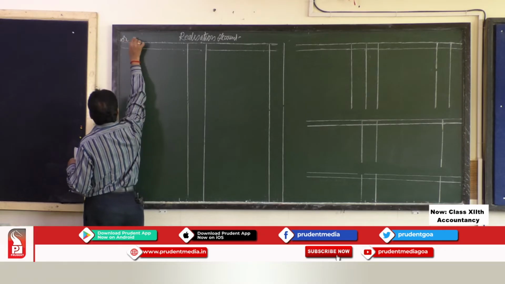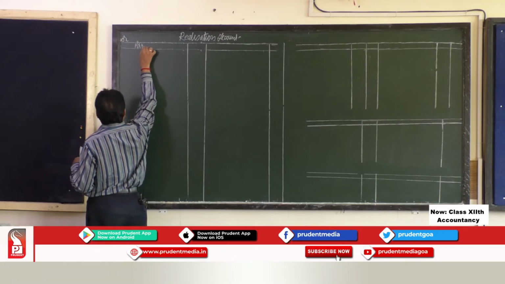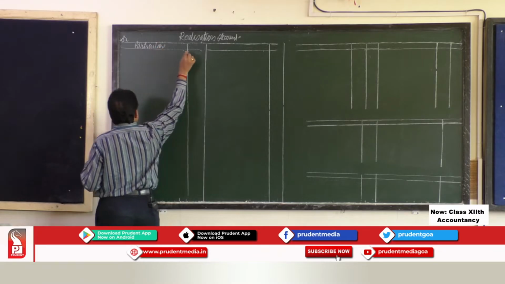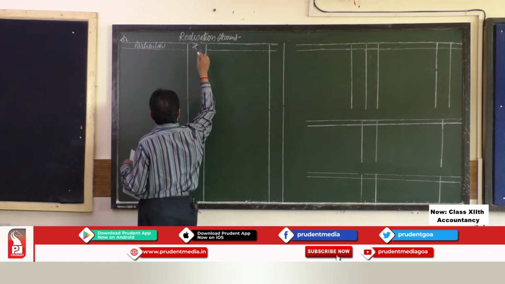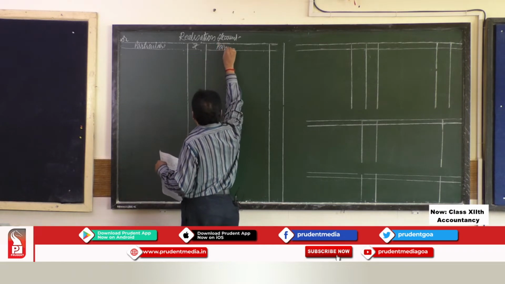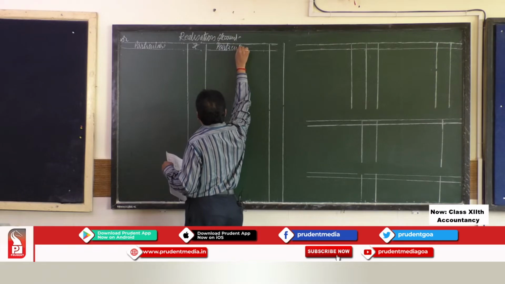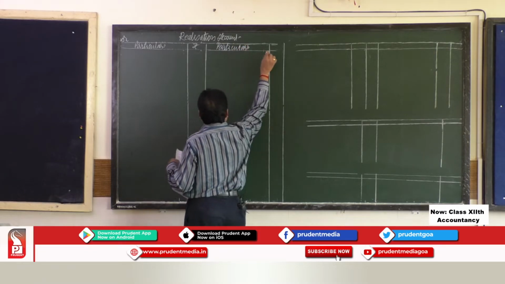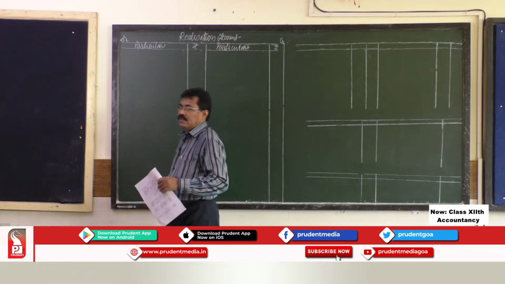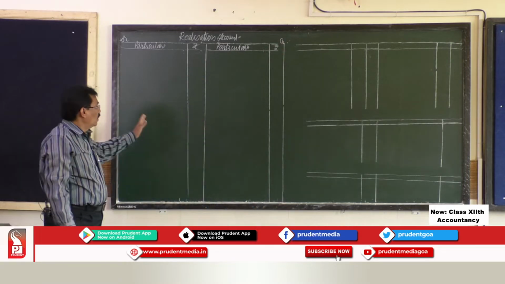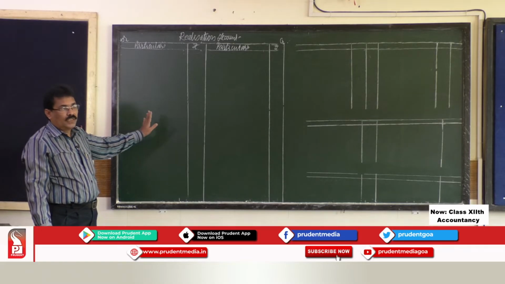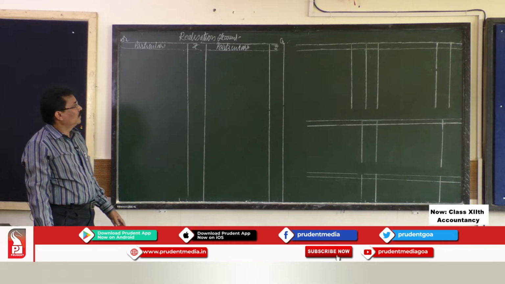On the debit side, we have two columns: first particulars, then amount. Of course, amount is in Indian rupees. Particulars and amount also on the credit side. So, this is the main account which you have to prepare on dissolution of a partnership firm.